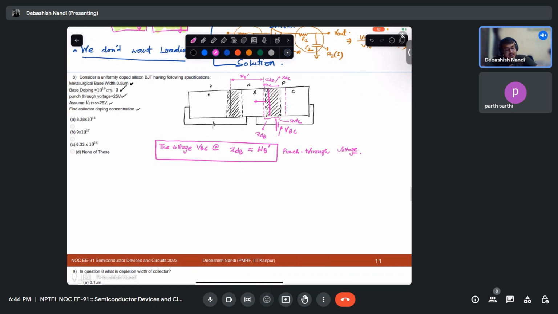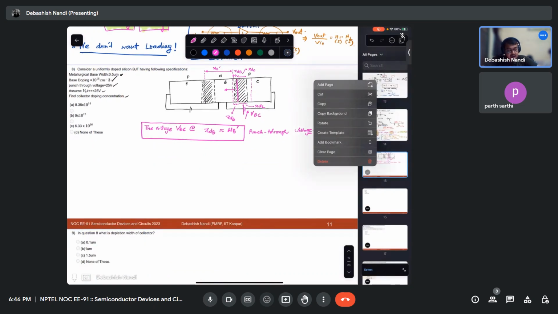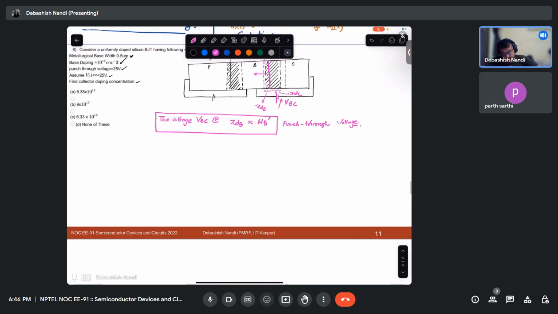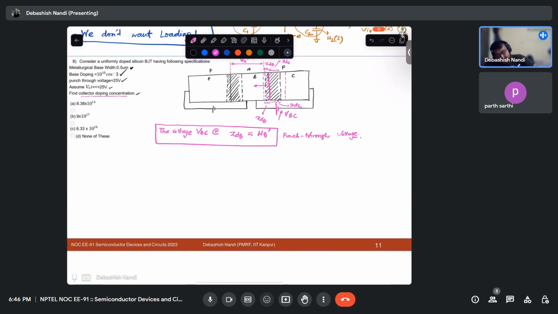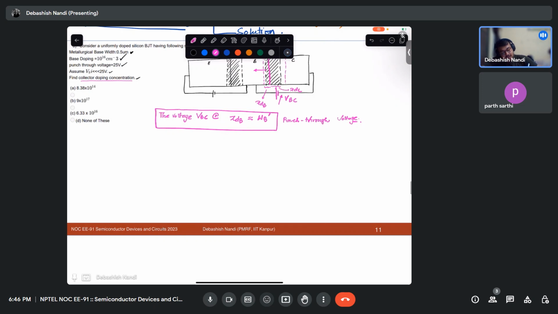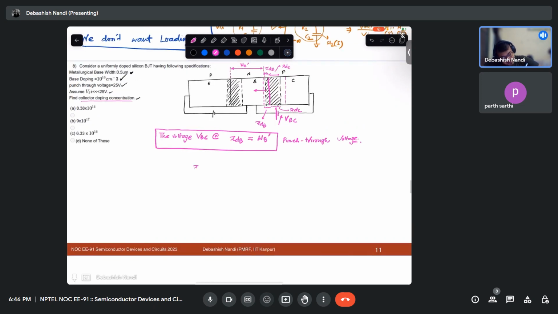Fine. Now it is a PN junction. We can simply analyze it in the form of a PN junction. We wanted to find out the collector doping concentration. This XD is the total depletion width at the collector-base junction, equal to XD at base side plus XD at collector side.